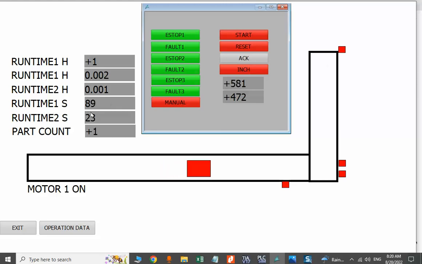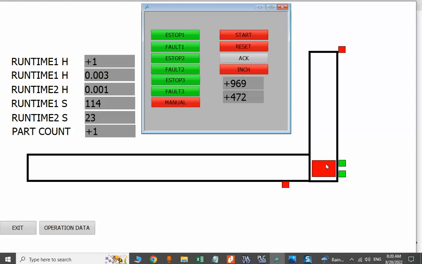This is the runtime in seconds for motor 1. This is the runtime in seconds for motor 2. This is the runtime for the first motor in hours, and this is the runtime for the second motor in hours. This is the part counter. Part counter is somehow relative to this sensor.